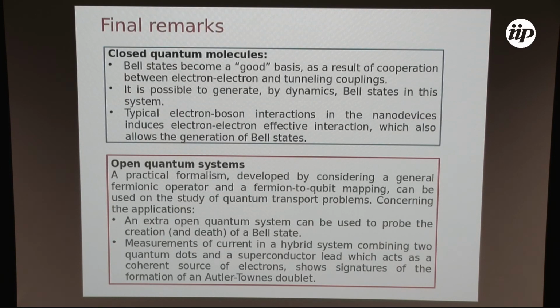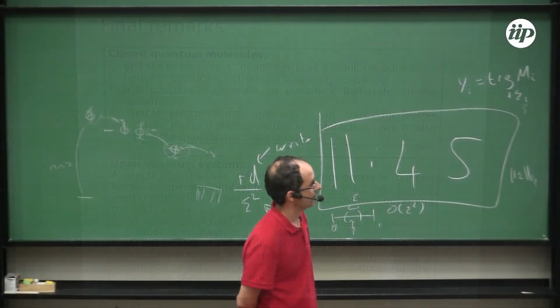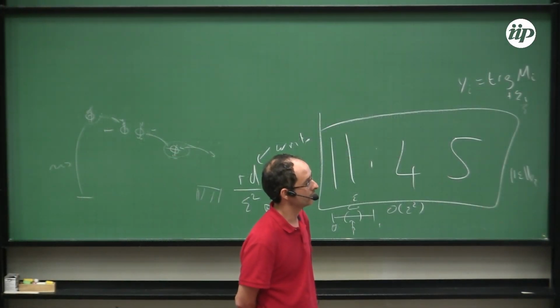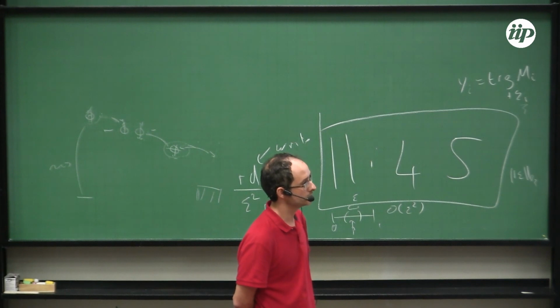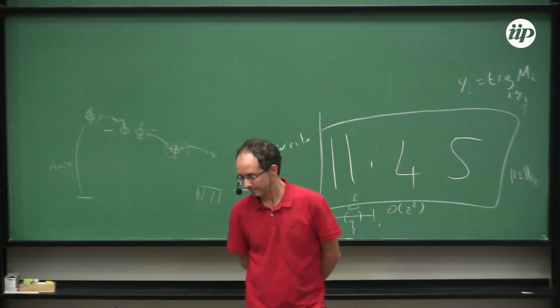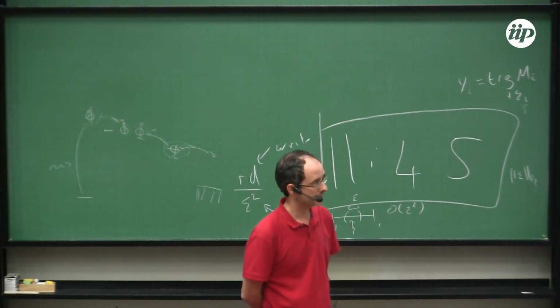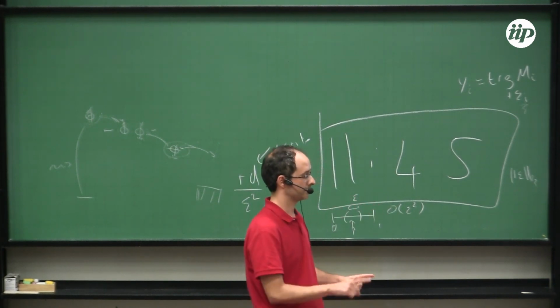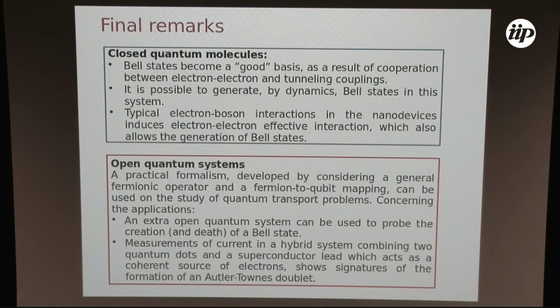So the final remarks are that we can use quantum dots in carbon nanotubes to build up Bell states using this effective interaction between electron and electron, mediated by the electron-boson interaction in the nanotubes.